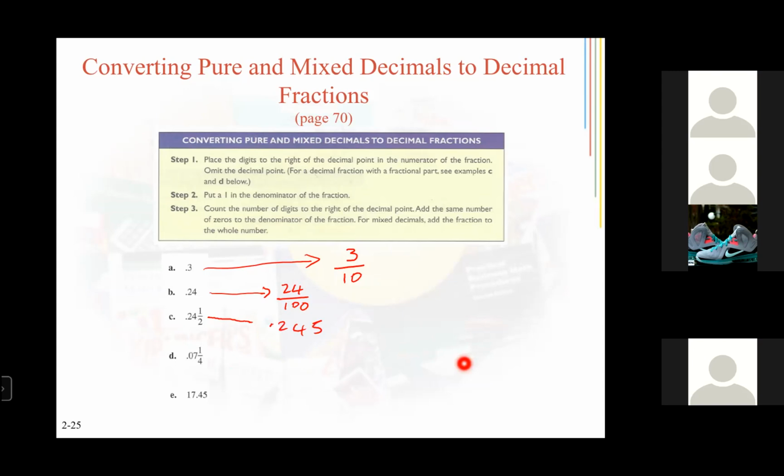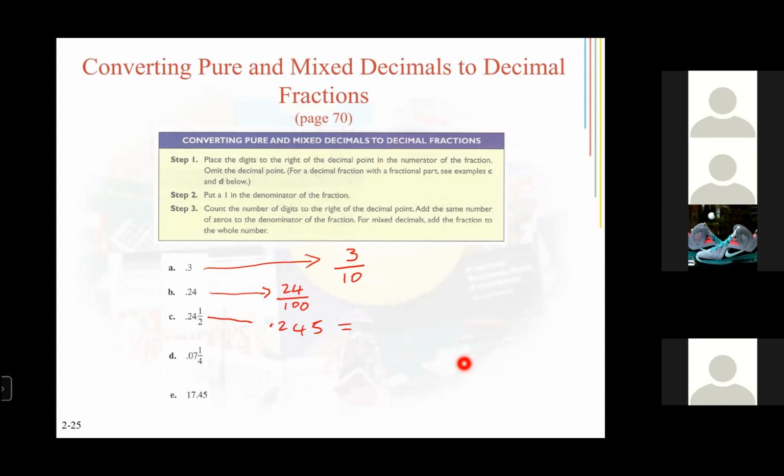Mm-hmm. Yeah, 0.24 and a half is like 0.245 because that half is like 0.5, but we can't have double points in a decimal, so we already have the point in front of the 2. So just put it behind it. So it's going to be 0.245.